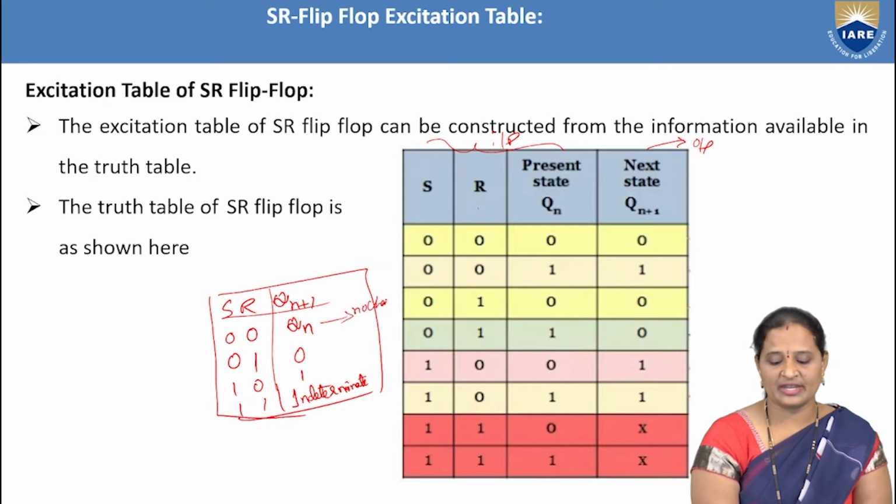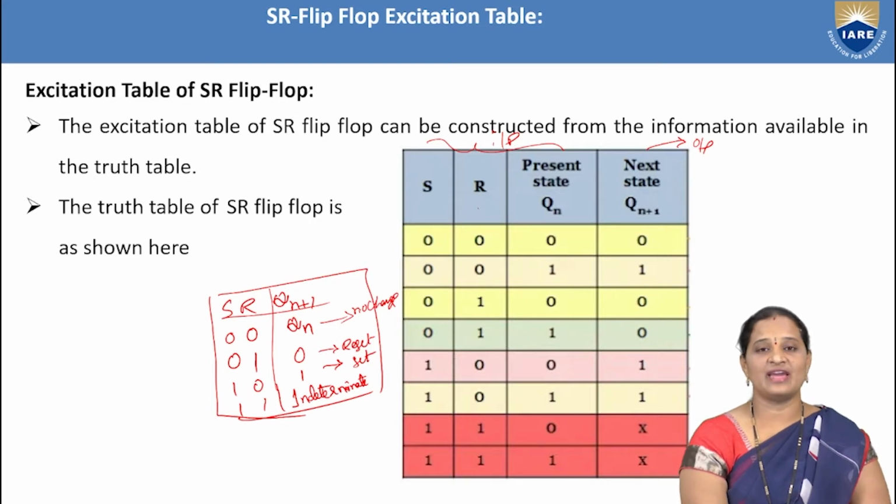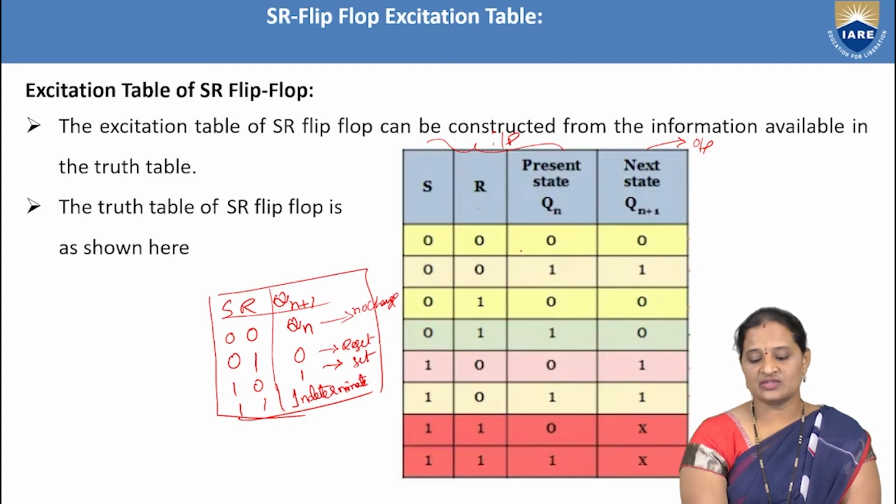So we can also call it no change, and this is reset and this is set. That means the flip-flop will not change its state if the S and R inputs are equal to 0, 0. That is why, with SR 0, 0 and present state 0, the next state is also 0; with SR 0, 0 and present state 1, the next state is 1.